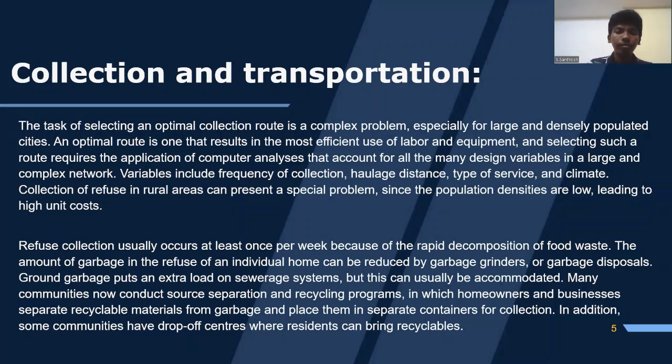Many communities now conduct source separation and recycling programs in which homeowners and businesses separate recyclable materials from garbage and place them in separate containers for collection. In addition, some communities have drop-off centers where residents can bring recyclables. So, if you're living in a bigger locality or in an apartment, you should have seen that you'll be dumping your waste outside in a huge bin.